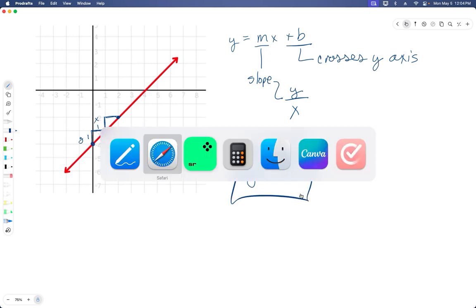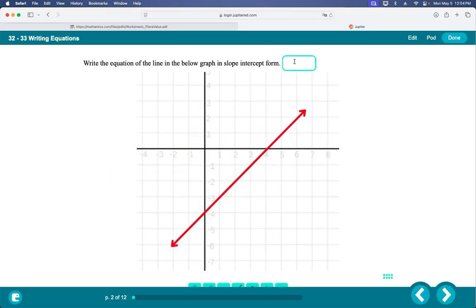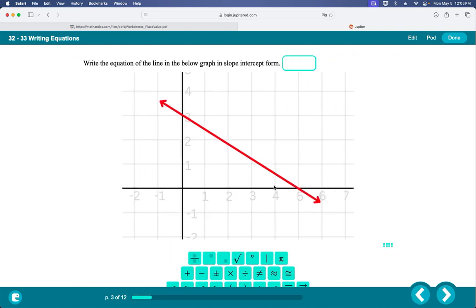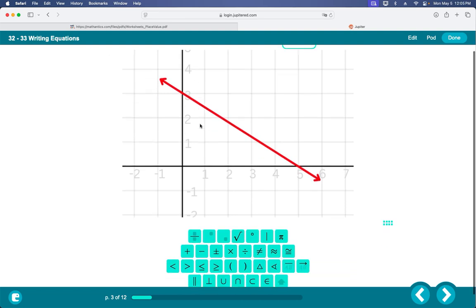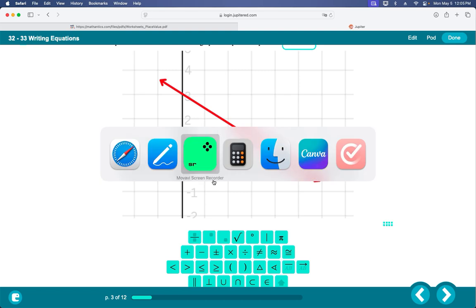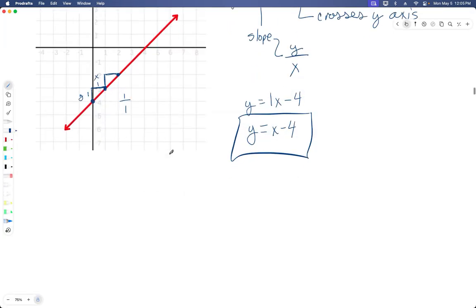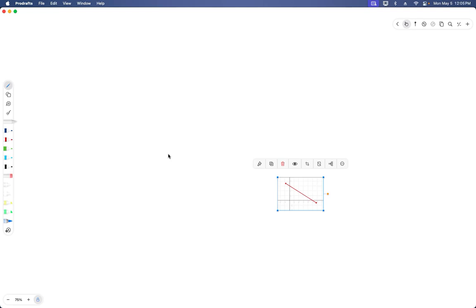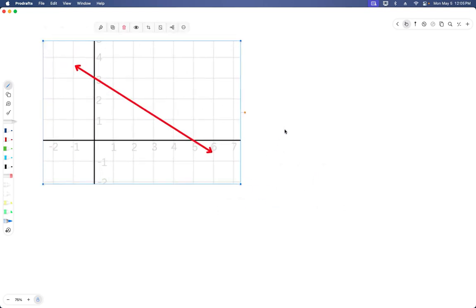So let's test it. Y is equal to x minus 4. And that's correct. So we're going to look at writing the equation of the line here. Same thing. Let's copy this, so we can make it big enough to where we can see.